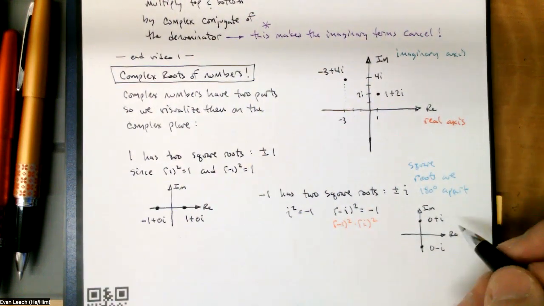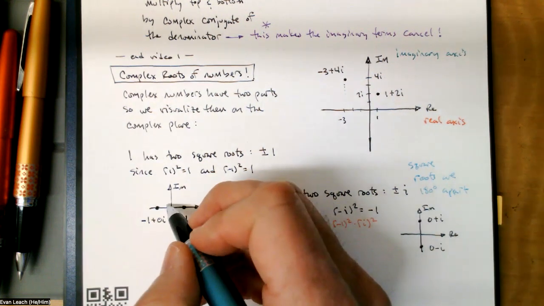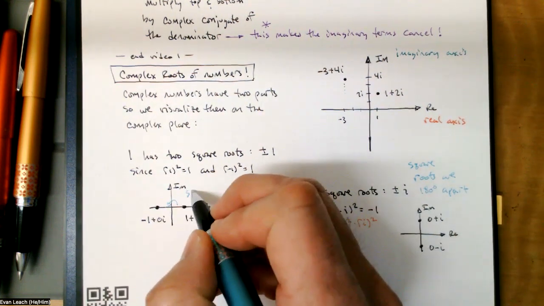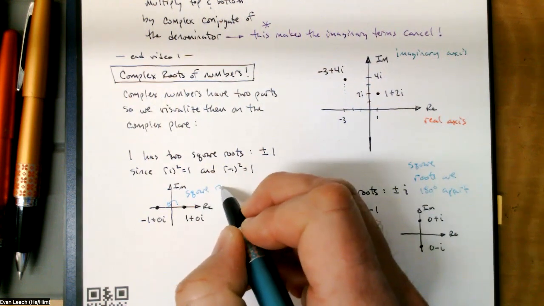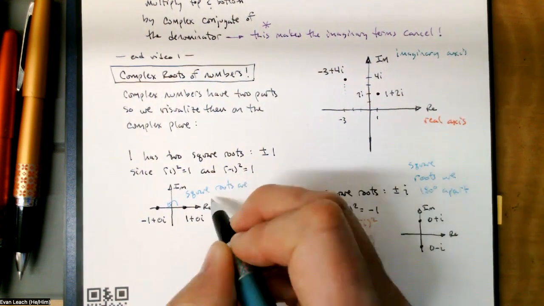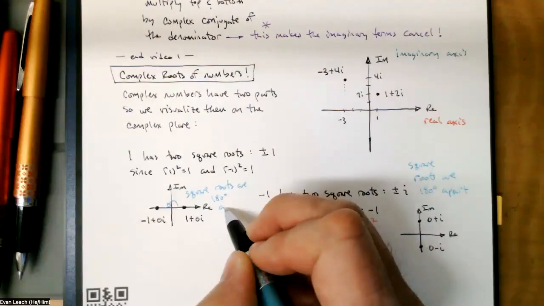We want to notice that the square roots are 180 degrees apart.